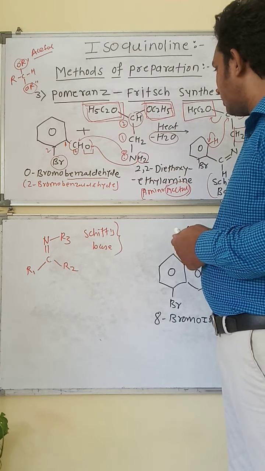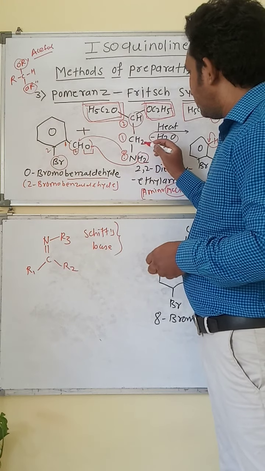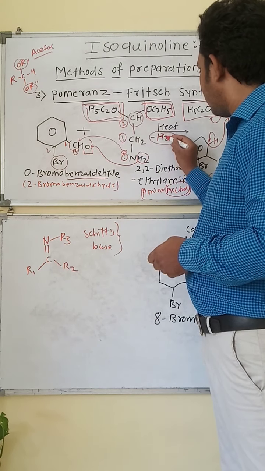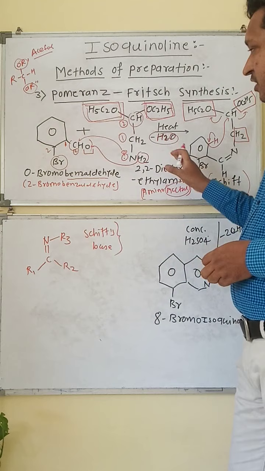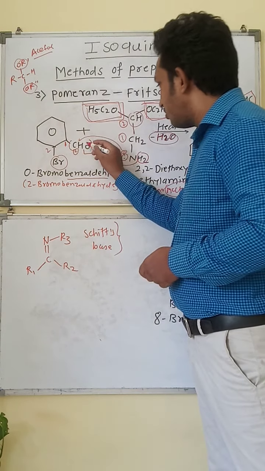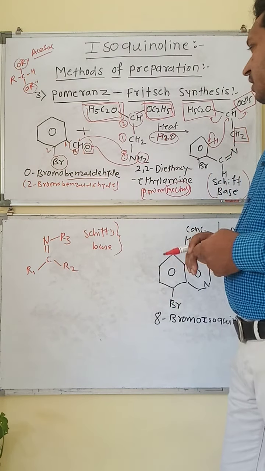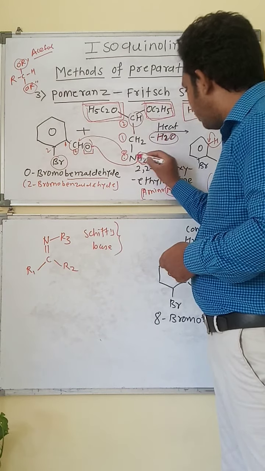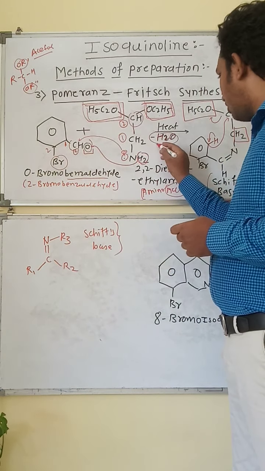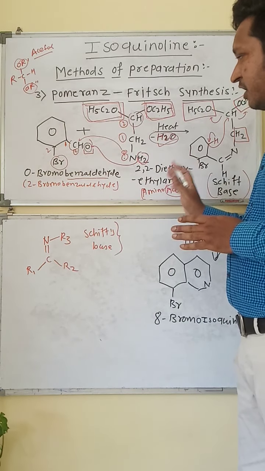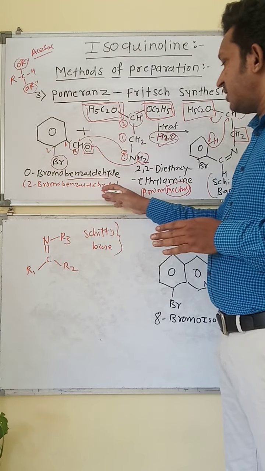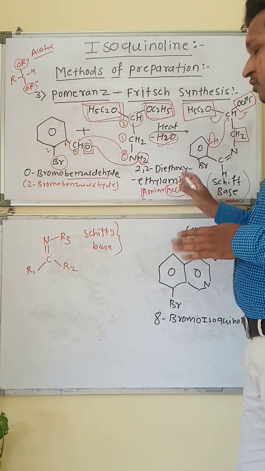In this structure there is a removal of water molecules, a dehydration. The oxygen from the aldehyde group and two hydrogens from the amino group are removed as water. So dehydration takes place between ortho-bromobenzaldehyde and 2,2-diethoxyethylamine.